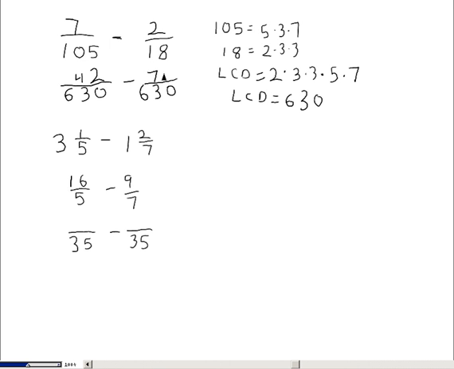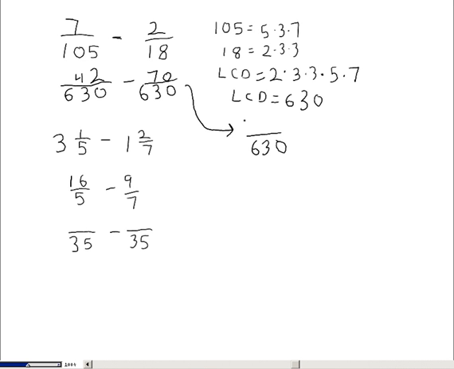Now I'm going to end up with a negative number on this problem as the answer, because now that I have a common denominator, I can go ahead and subtract those two numbers up on top. So again, the common denominator is 630, and 42 minus 70. Well, 70 minus 42 is 28, but we're doing 42 minus 70.